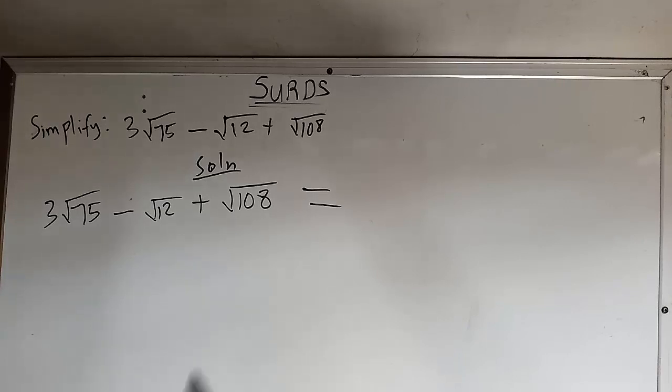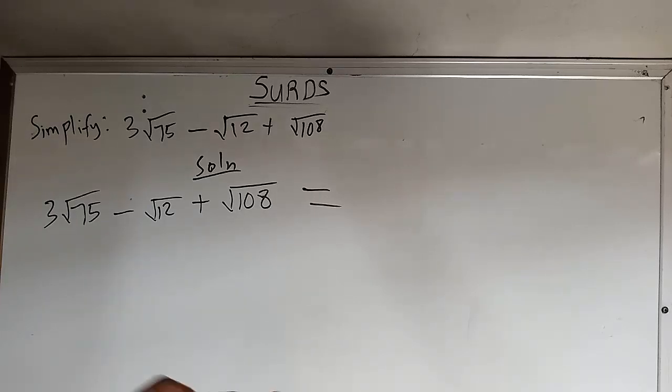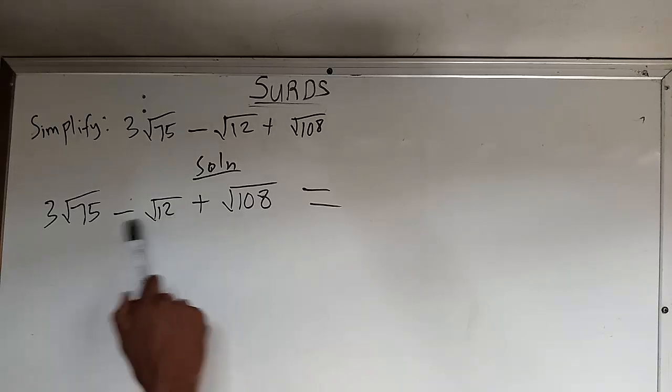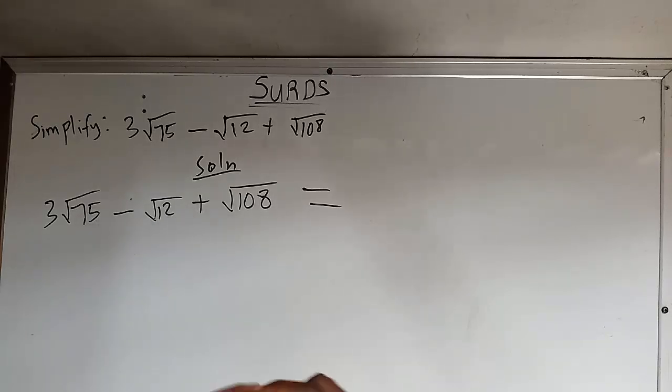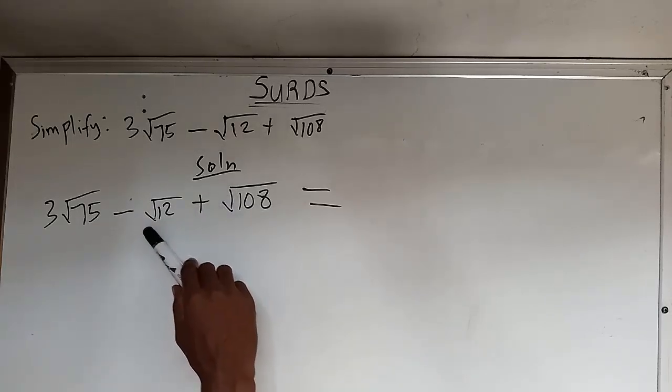You can see that the surds are not like surds, so we cannot combine them, but we may be able to combine them if we simplify the radicand, or the numbers under the radical sign.